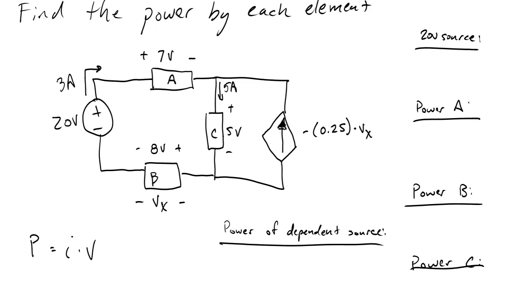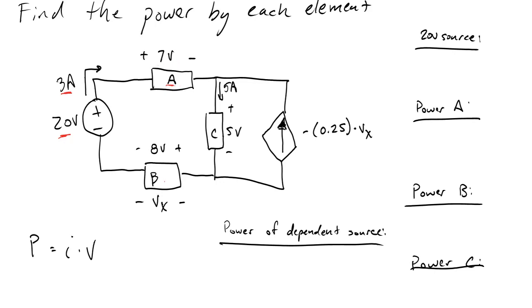Today we're looking at a pretty classic quiz problem. You'll see this a lot. It's finding the power that's absorbed by each element in this circuit. If we take a look at our givens, we have a 20-volt voltage source with 3 amps coming out of it. Element A has 7 volts going across it.